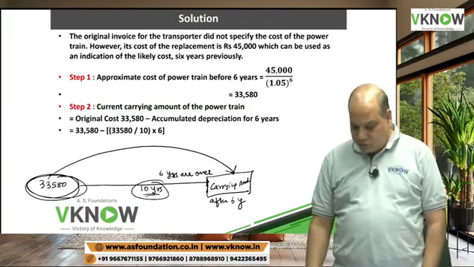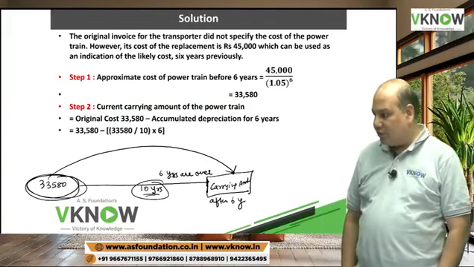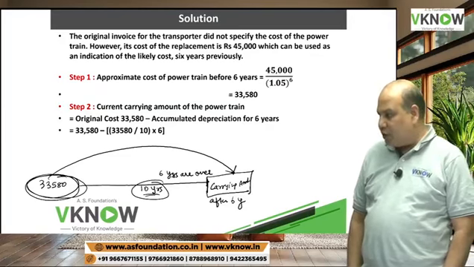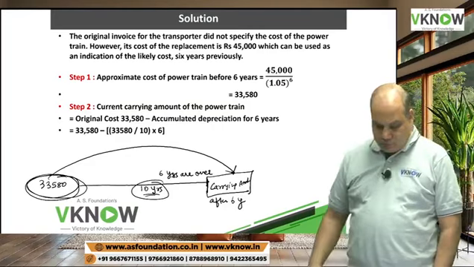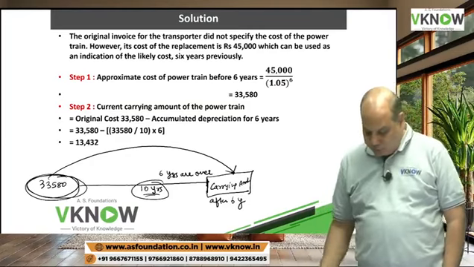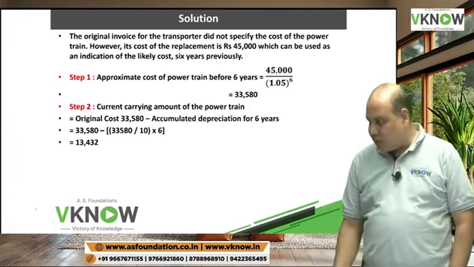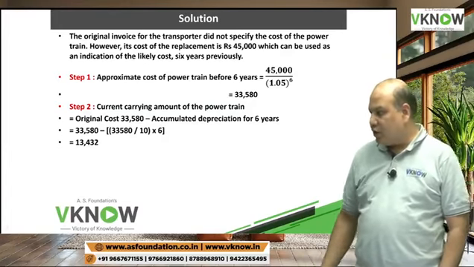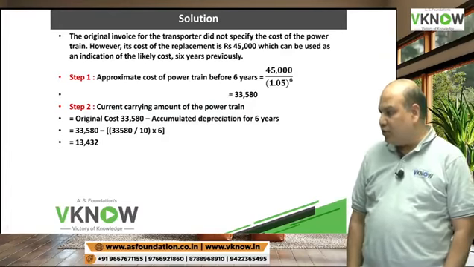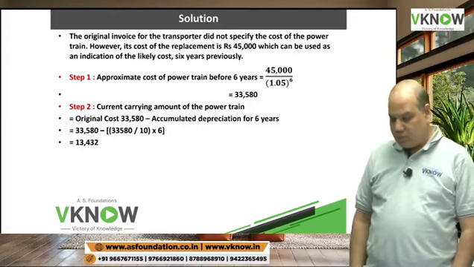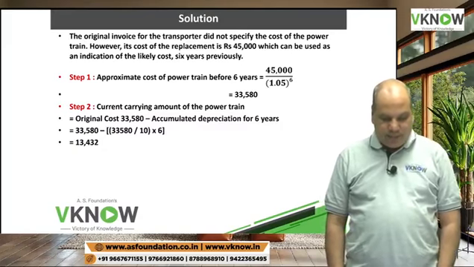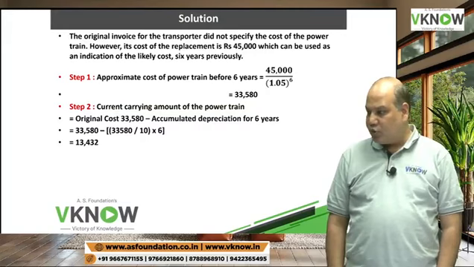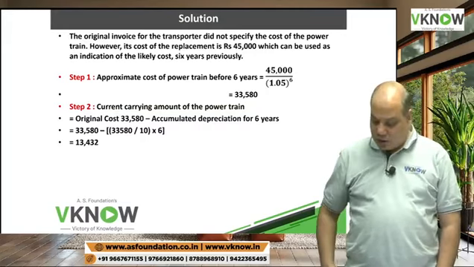So the answer will be 33,580 minus, in bracket, 33,580 divided by 10 into 6. So following students have given the correct answer: Sanket, Saurabh, Tanya, Ranjit, Pavan, Shubham, Lakshmi. Good. That means some students are really working hard.